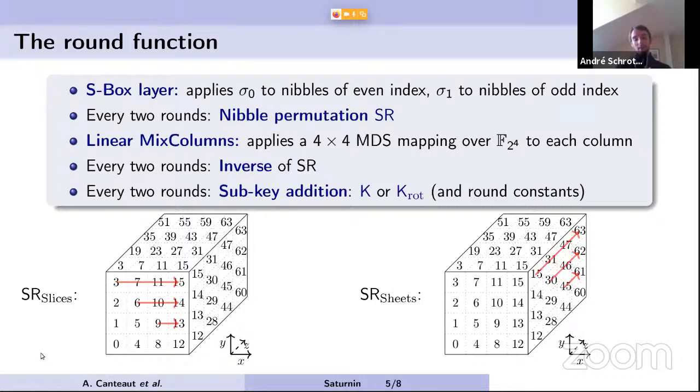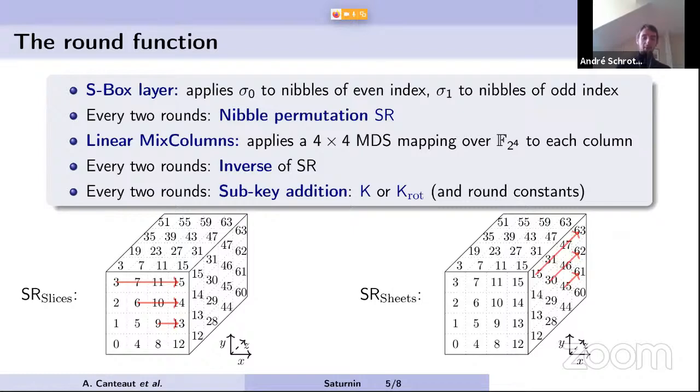Something a bit special is that when we do a nibble permutation, which happens every 2 rounds, we apply the inverse of this permutation afterwards. Also every 2 rounds, we have a subkey addition, either of the master key or the rotated key, and round constants. This nibble permutation is like a ShiftRows in the AES, either in the slices of the cube or in the sheets of the cube, depending on the round number.